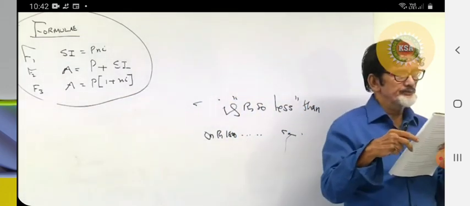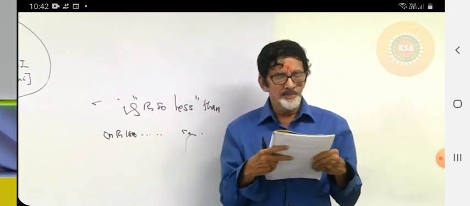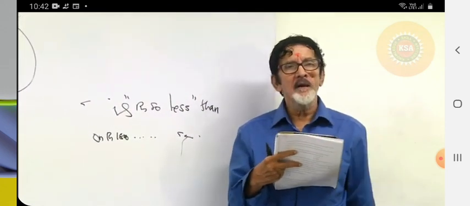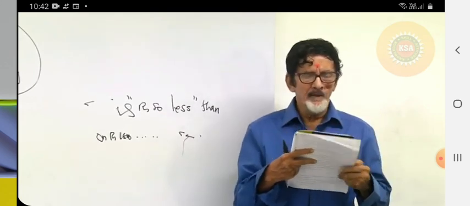I will read it correctly. This English is slightly better. You write: simple interest on 1400, the sentence is correct, only insert.